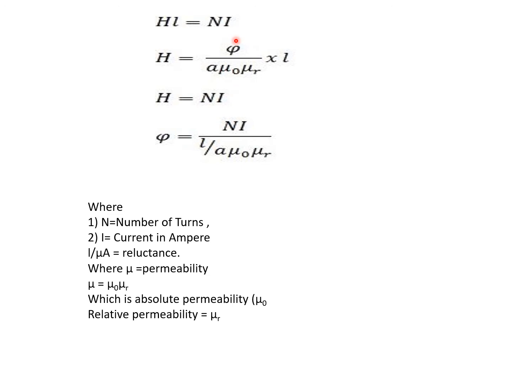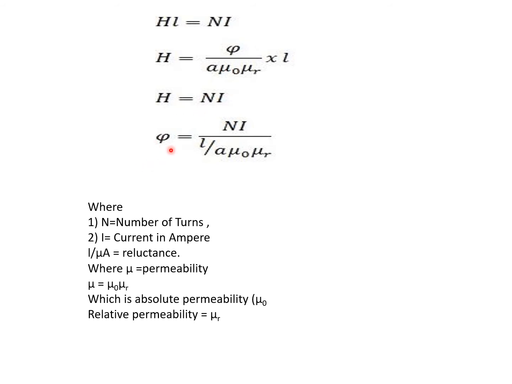H into L is equal to N into I. But what is the value of H? आता आपण मगाशी लास्ट स्लाइड मध्ये बघितलं, it was phi upon A mu 0 mu r. तर आता आपण याच्यामध्ये ती व्हॅल्यू सबस्टिट्यूट केली. नंतर हा जो आहे L तर आला इकडे. So now H is equal to N into I.